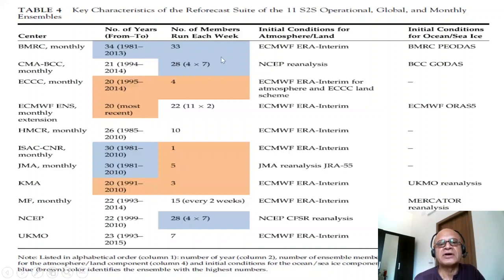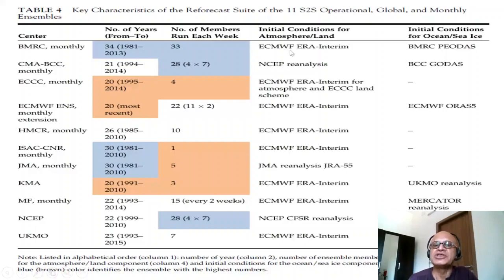Members run each week for reforecasting are also different. So you can see this one is only running one for 1981 to 2010. It's just to derive the model characteristics in the forecast mode, as we said before several times, to know the biases the model has in its forecasts, and for validation, calibration of various things, and so on.